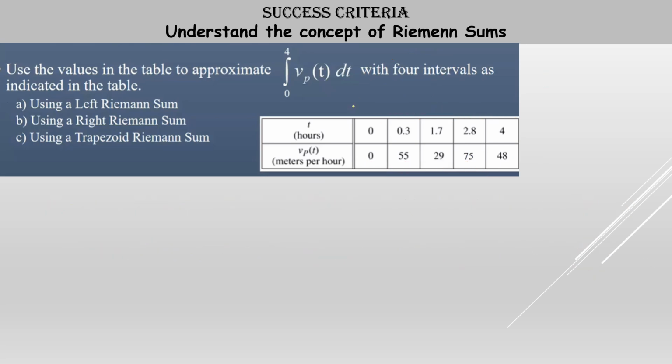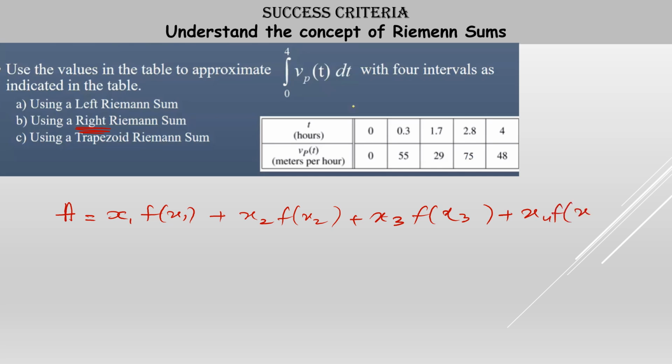Now what will happen if you are calculating the same thing but the right Riemann sum? The formula stays the same: x1 f of x1, plus x2 f of x2, plus x3 f of x3, plus x4 f of x4.